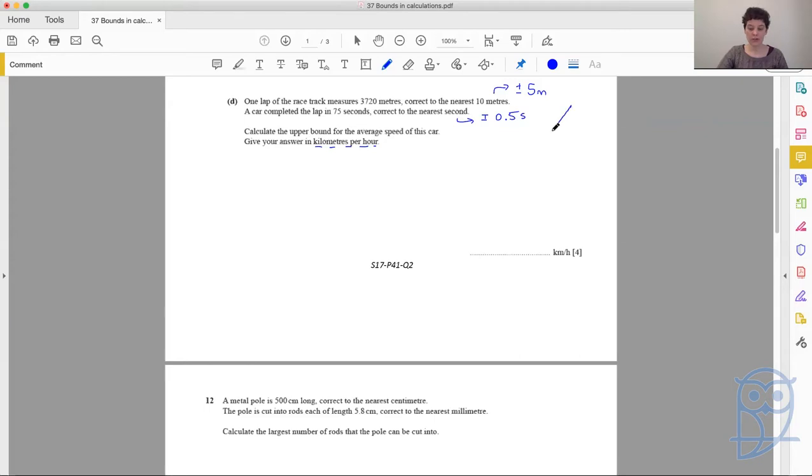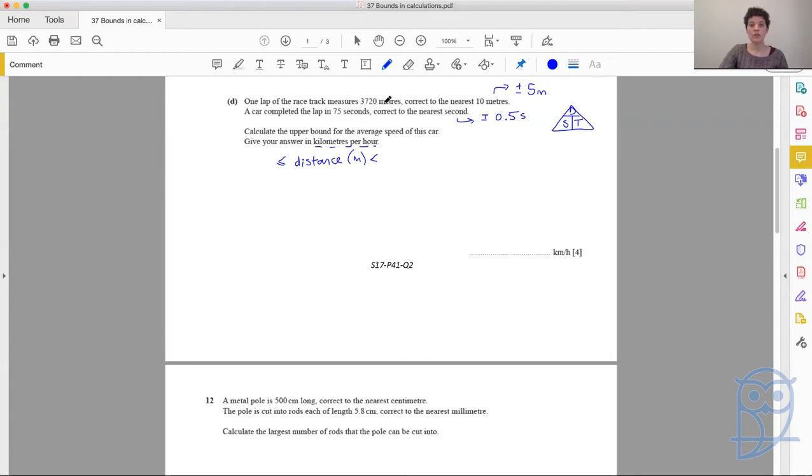So for those of us who like to see it, we have distance, speed, and time. So in order to do speed, we need distance over time. So now let's do some. First off, stating bounds. So if we work with the distance in meters, because that's what's in our question. Now I'm setting up our bounds.